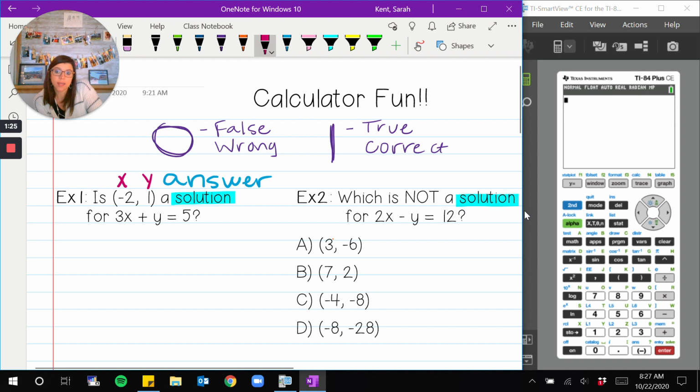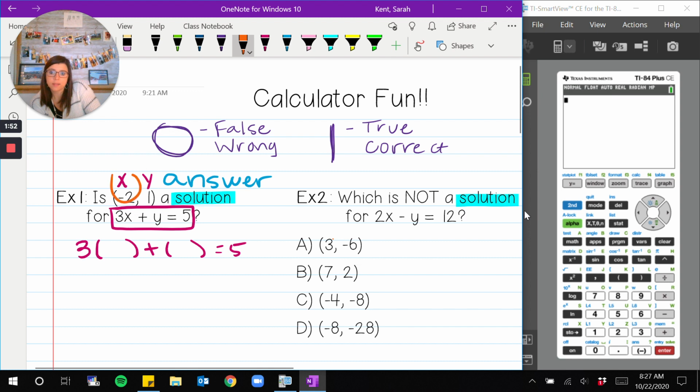So what I can do is take the equation that we have and put -2 in place of x and 1 in place of y. So my x is -2, so here I'll put -2, and my y is 1. So here I will put 1.